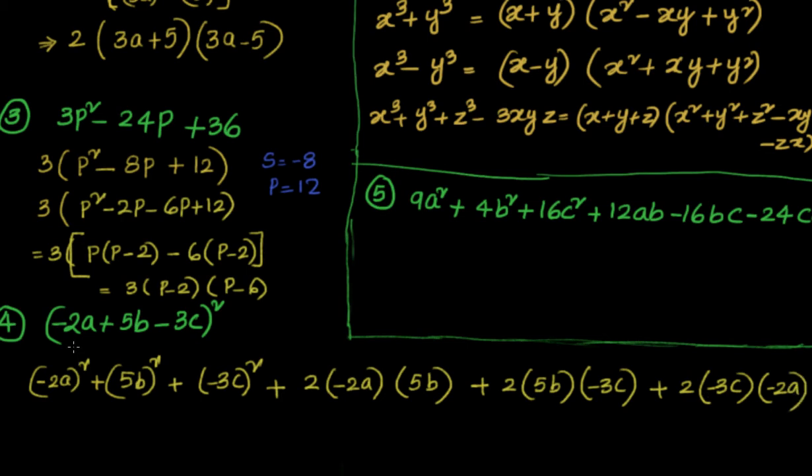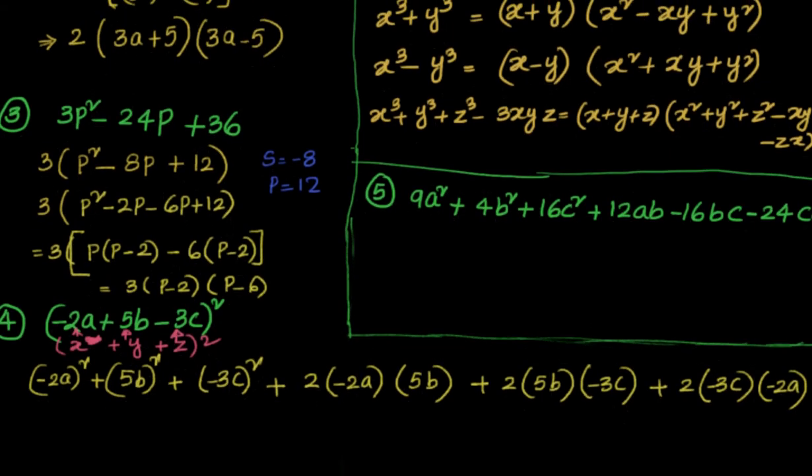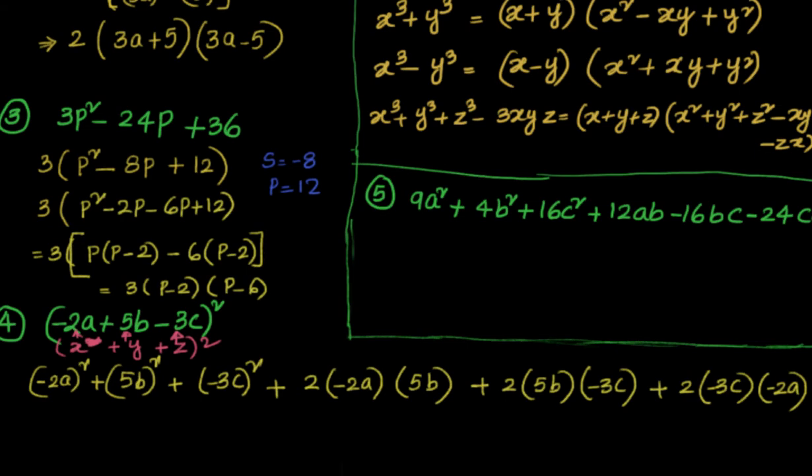So this is in the form of (x + y + z) whole square. So x equals minus 2a, y equals 5b, and z is equal to minus 3c. So let's try to simplify this.